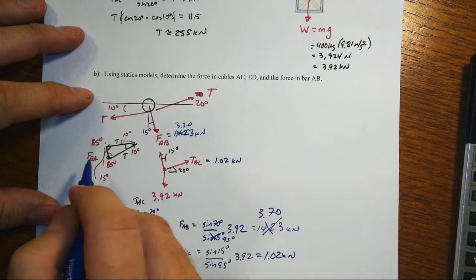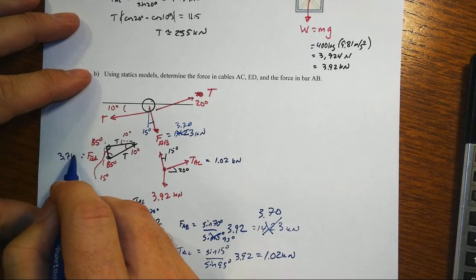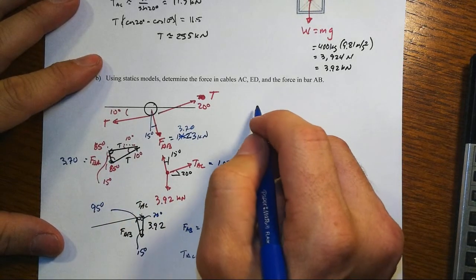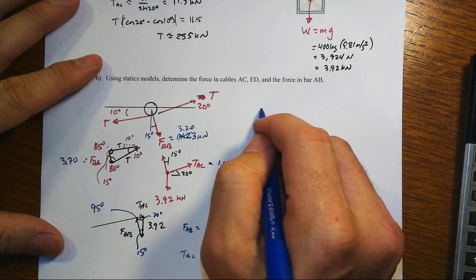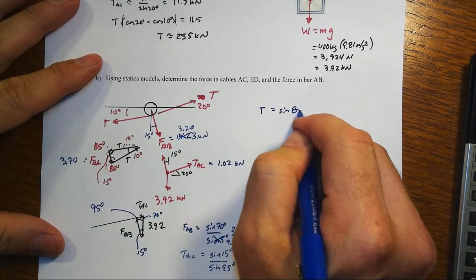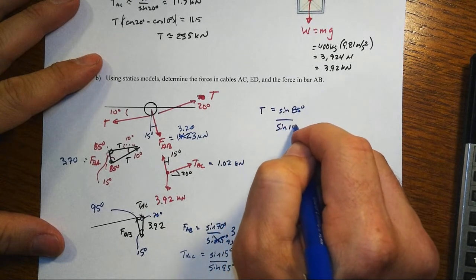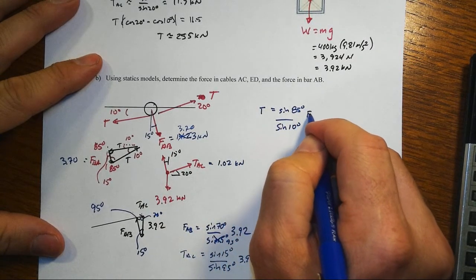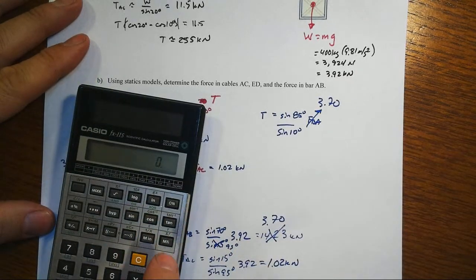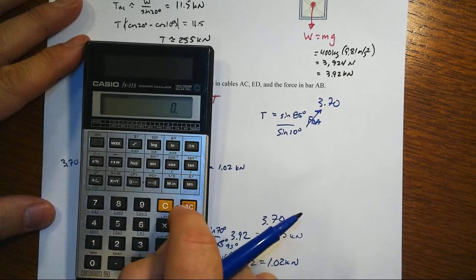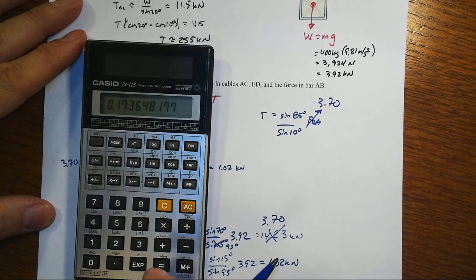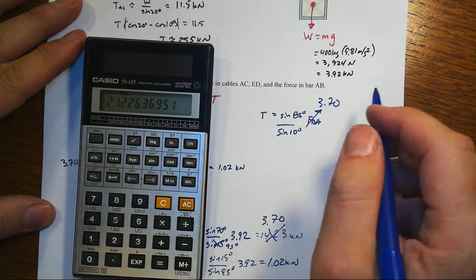Now we come up here, and if FBA is 3.7, then we do expect T to get quite a bit bigger given the angles that we've got here. So again, it's an isosceles triangle, so T is equal to the sine of its opposite angle, that's sine of 85 degrees, divided by sine of 10 degrees times FBA, which was 3.70, and so 85 sine divided by 10 sine times 3.7, and we get 21.2.